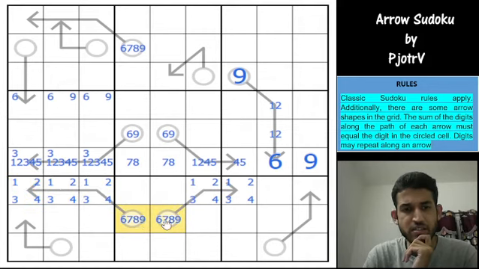Okay, let us just revisit the deduction we got. These two cells add up to 15 or 16.